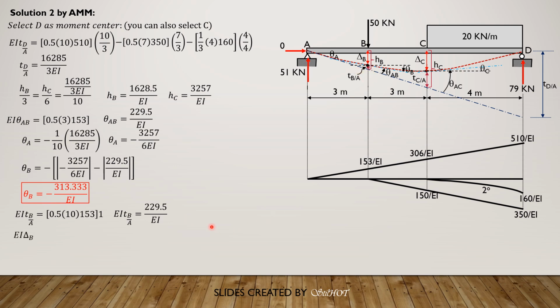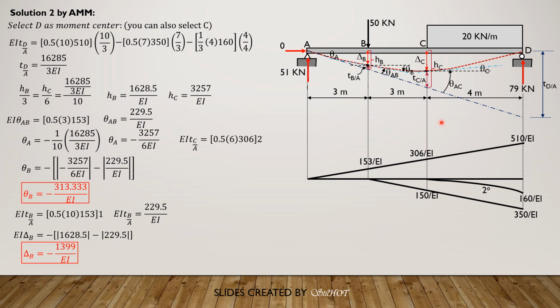So it is also 229.5 over EI. So from the figure, EI delta B is negative because it is below the x-axis, and it is equal to the negative of the quantity absolute value of H sub B minus absolute value of deviation of B relative to A. So delta B is negative 1399 over EI as before.